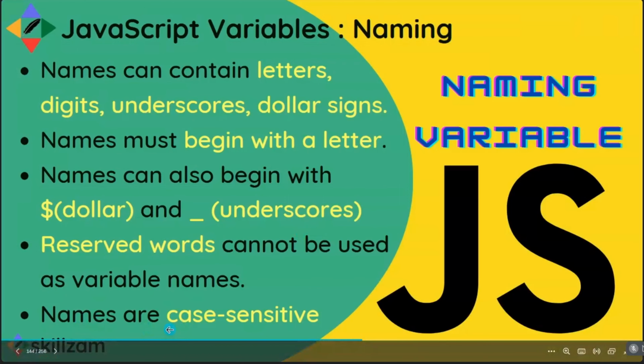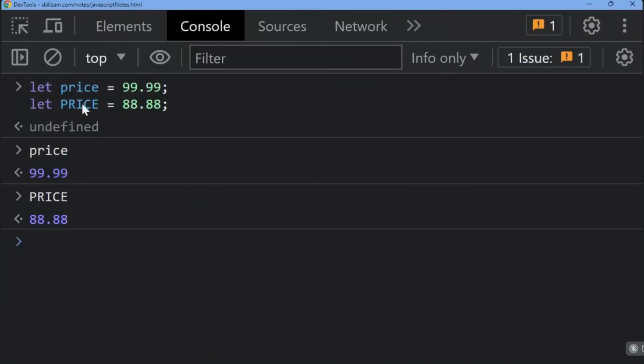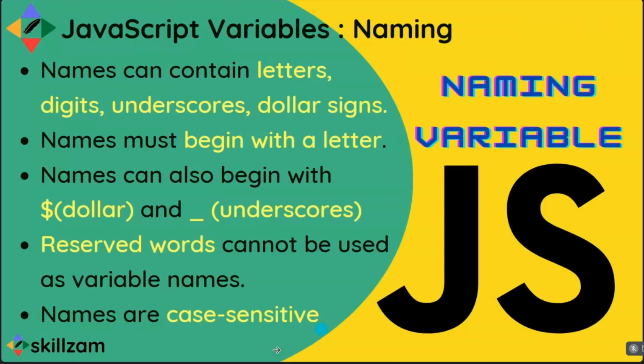The names are case sensitive. That is the reason these two are different, even though they have the same letters. All right, PRICE. This is also PRICE, but because of the case, they are different. Hence, JavaScript is a case sensitive language.